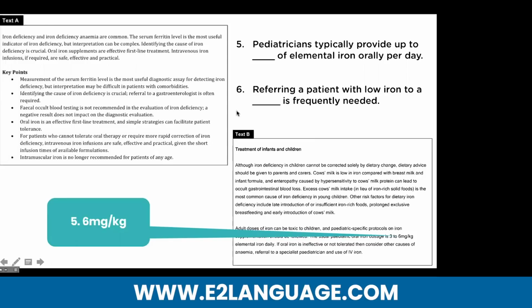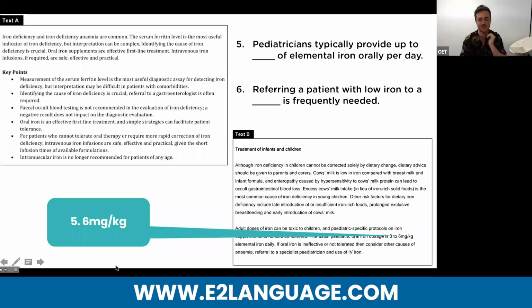Wrong, wrong, right, wrong, right, right, wrong, right, wrong. Okay, let this be a lesson to you. One of the ways that OET will trick you, or one of the ways that you will get an incorrect answer, is if you do something silly like that. Once you find that particular word or short phrase and you put it into that gap, read the sentence again.